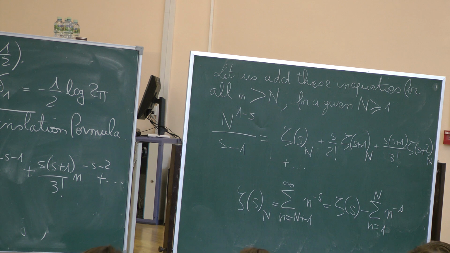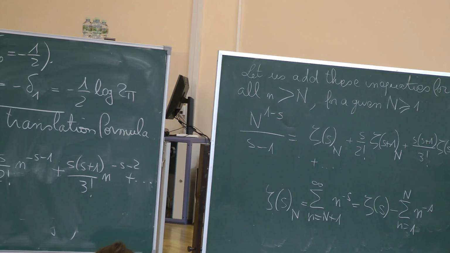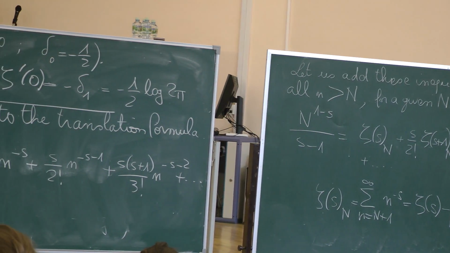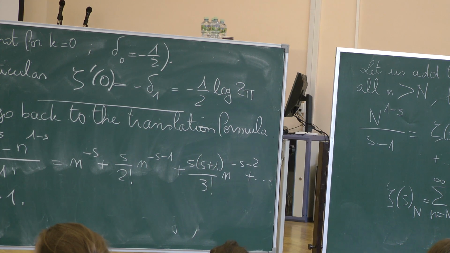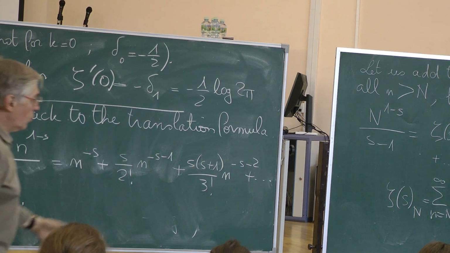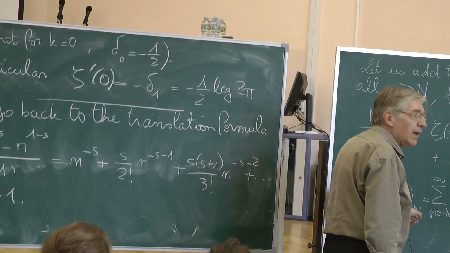And now we would like to have reasonably good bounds on the things that we add in order to be completely sure that the series that we have converges. And even we would like to have uniform convergence on any compact set. So the first thing to do is to try to get a bound for zeta s index N.